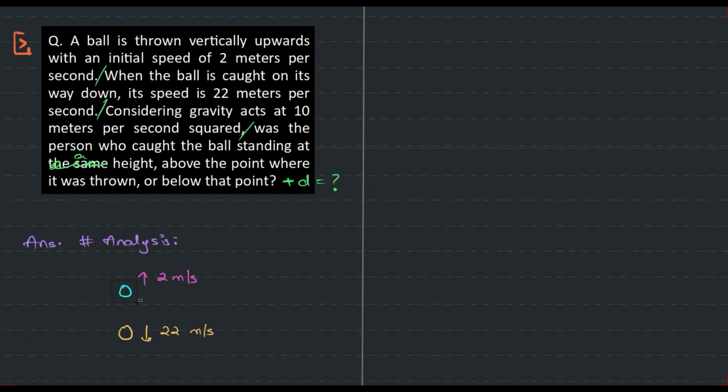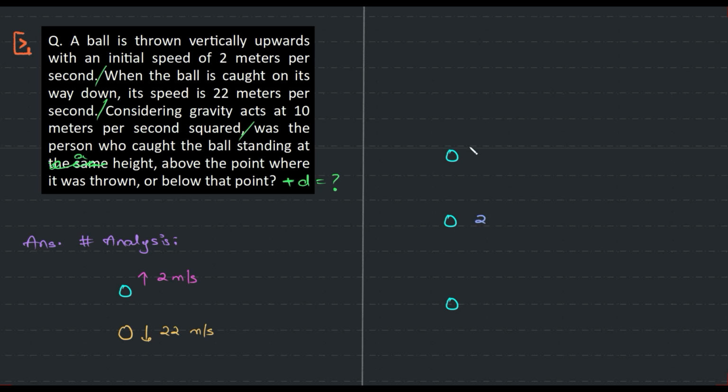See, if I happen to throw an object, say this is 22, it will reach a height with 0 velocity, and then it will start dropping, reaching a velocity of 2 meters per second. Sorry, not 22, 2 meters per second. And then it will keep increasing the speed. Only then it will be able to reach 22.